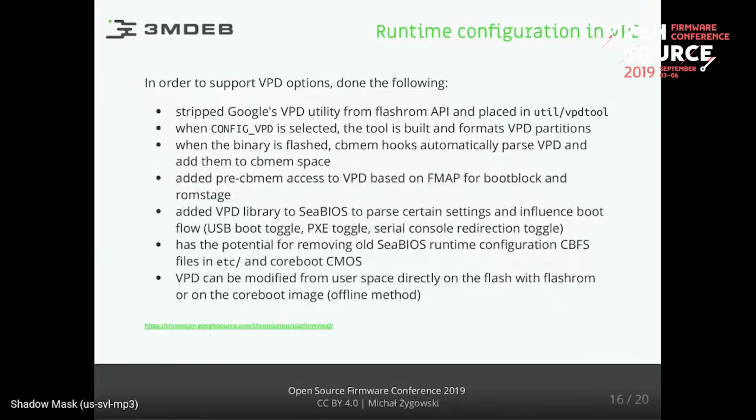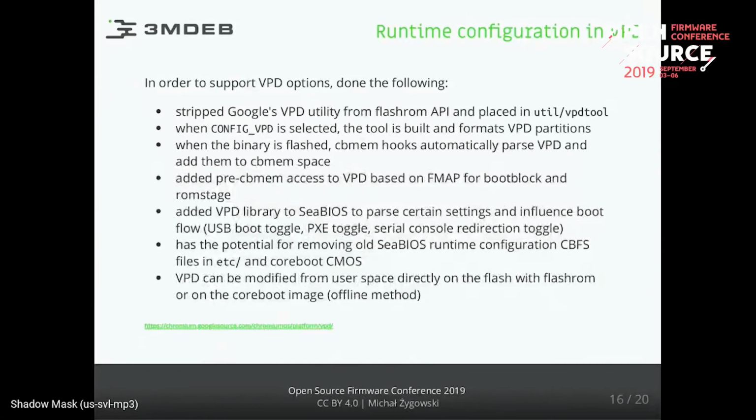So when the config VPD is selected, I just build the tool and format the partitions. And when the binary is flashed, I already have the VPD in the correct format and it's correctly propagated via CBMEM hooks.